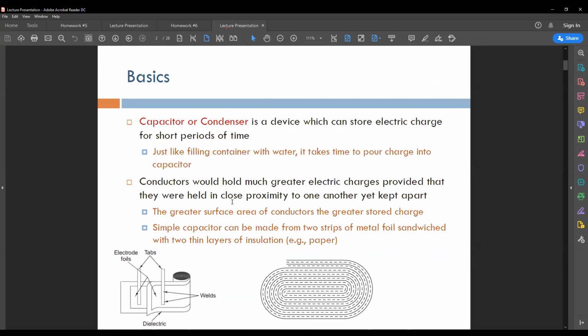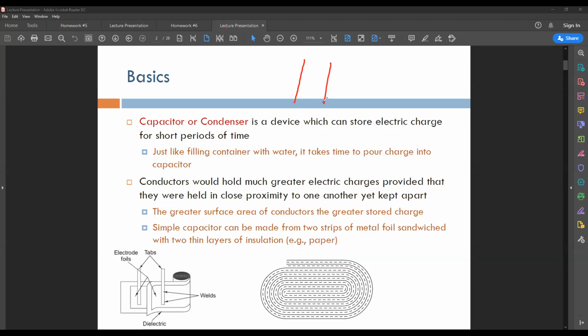The capacitor, or condenser, as sometimes people call it, is a device which can store electric energy. Any capacitor, let me put it like this: if you have any two conductors, if this is a conductor and this is a conductor, and you have a dielectric in the middle, this is a capacitor.